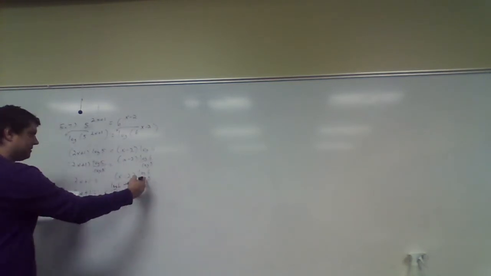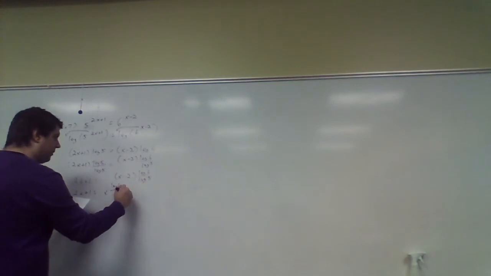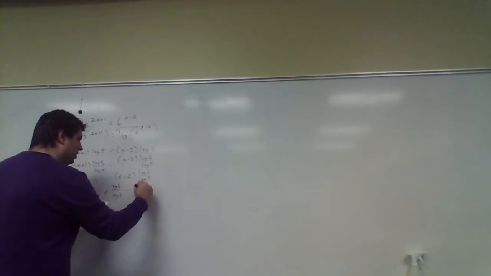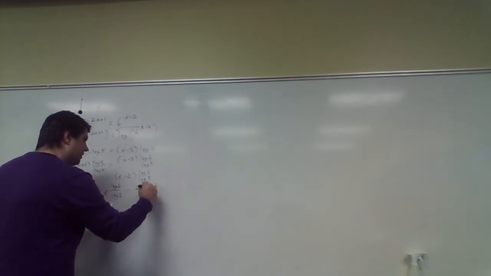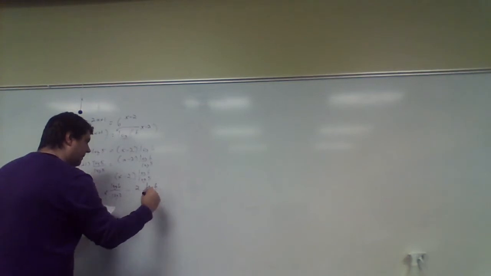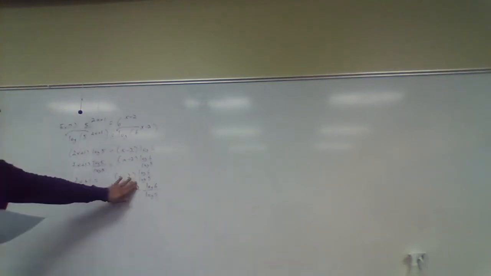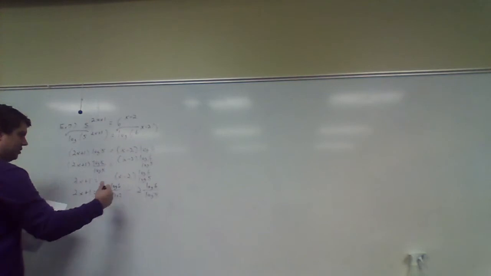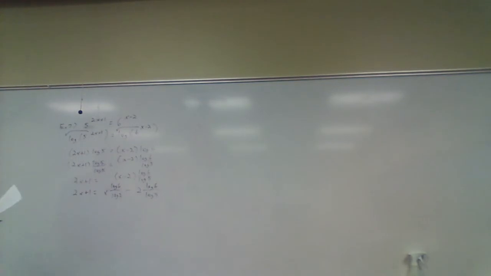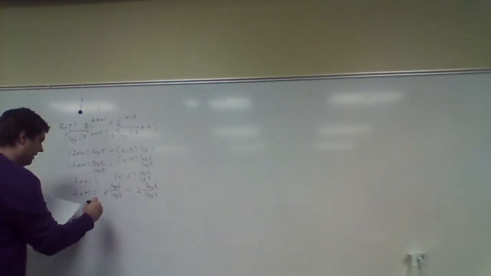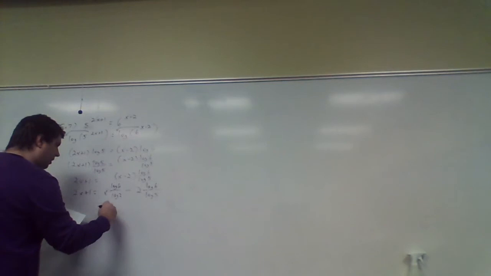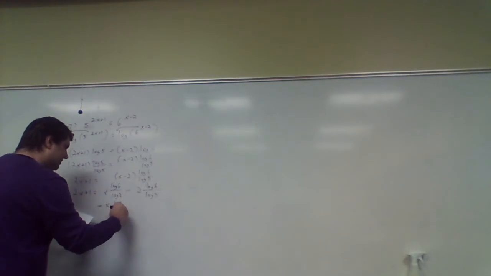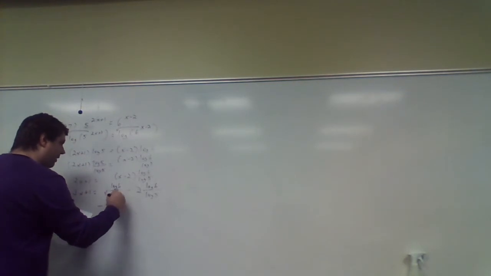There's this times this and this times this in a distributive property. So this was the result of a distributive property situation. Before you can go any further, you now need to get the x to one side. So I'll go ahead and subtract off this x term. And that's log 5, I apologize.